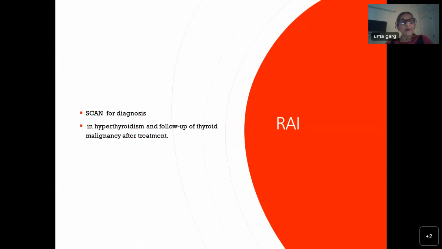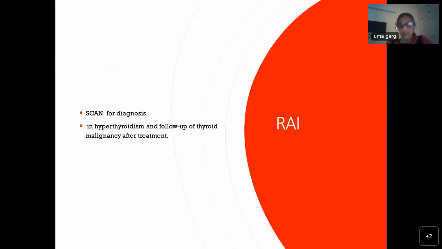Then I said that in hyperthyroidism, a radioactive iodine scan will be done. In that case, we see the uptake of radioactive iodine by the thyroid tissue. If a nodule is there, we see whether the nodule is taking up iodine more actively than the rest of the thyroid, or the rest of the thyroid is more active.